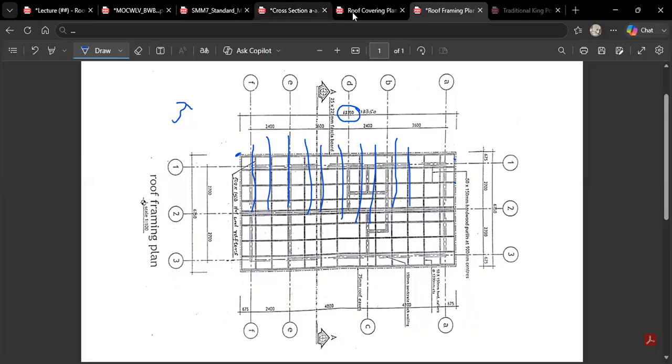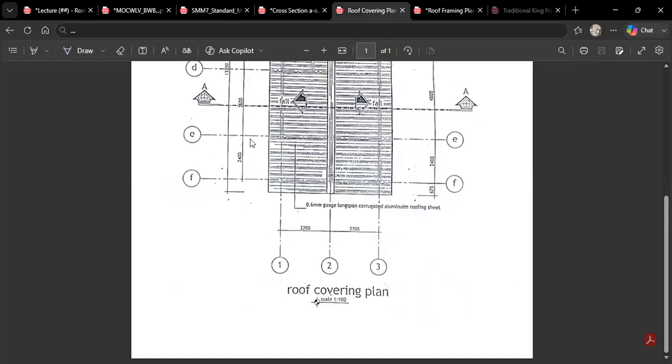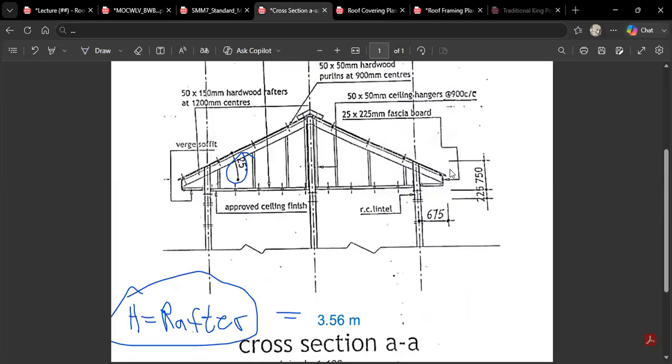Let me show you the roof eave from the cross section. You see it over here. It's just a very, very small one. This small eave is 75 millimeters. It is at both sides, one here and one here.